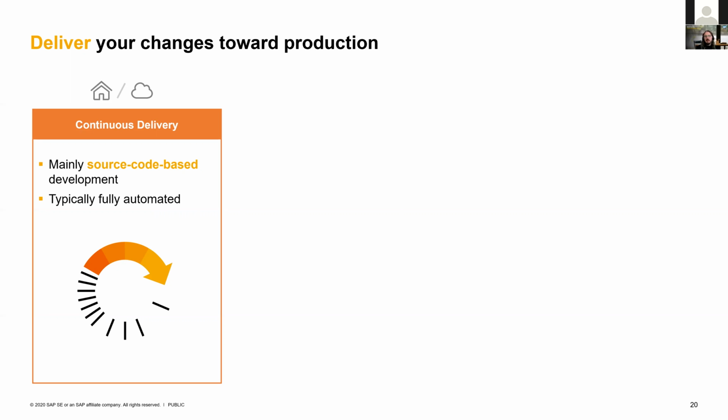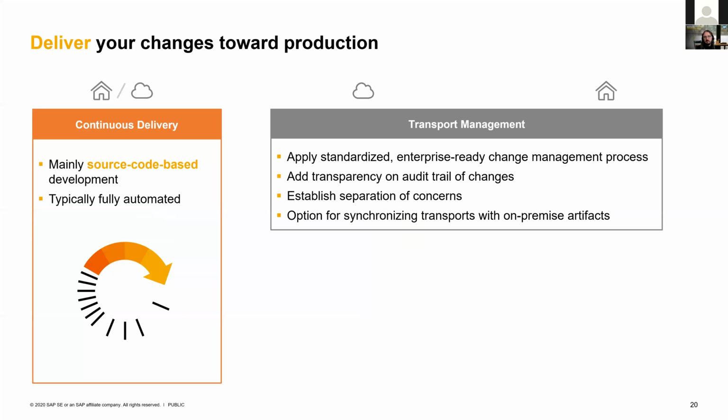And there we want to enable you to bring in transport management as an option. We can apply a standardized enterprise-ready change management process that, for example, allows you to add transparency on the audit trail of changes, so you know exactly who performed which change in which production sub-account and when.